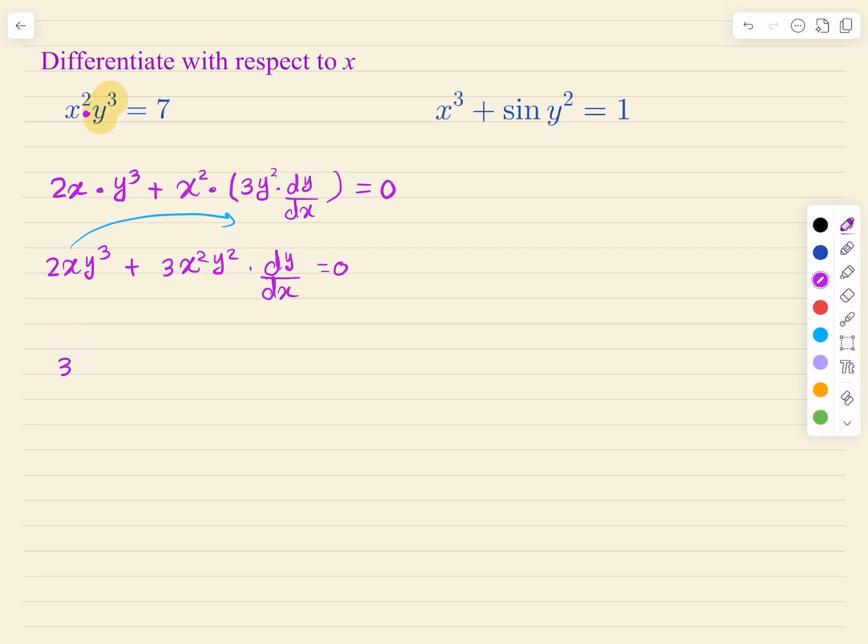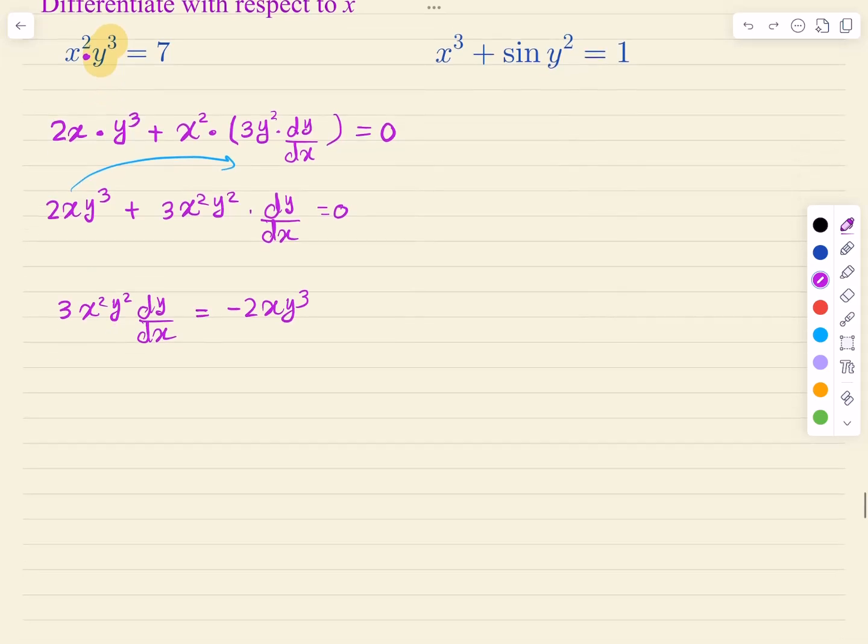So here we will have 3x squared y squared multiplied by dy over dx equals negative 2x y cubed, and then we divide by what's multiplied by dy over dx. So here dy over dx will be negative 2x y cubed, all of that divided by 3x squared y squared.